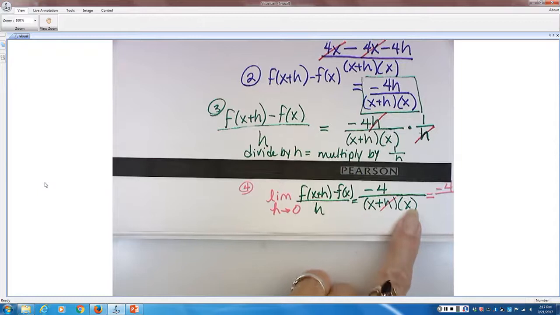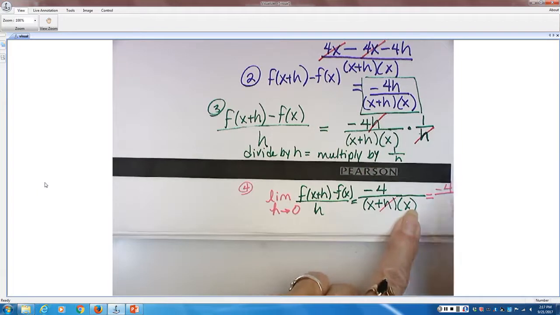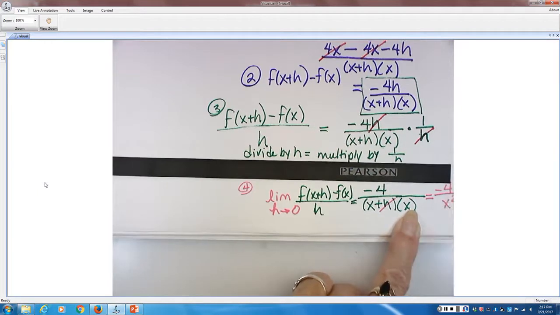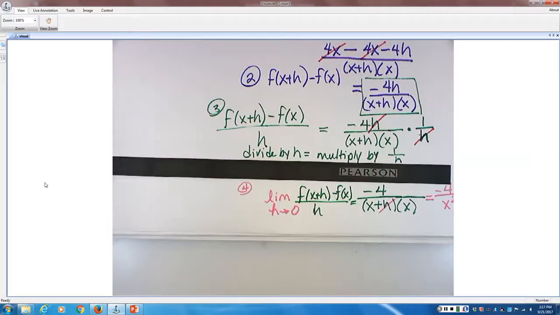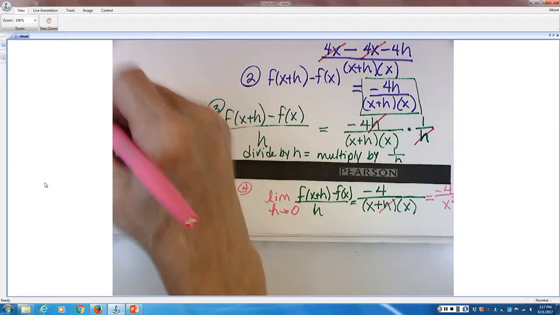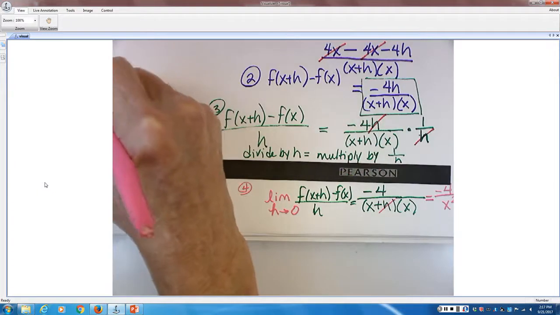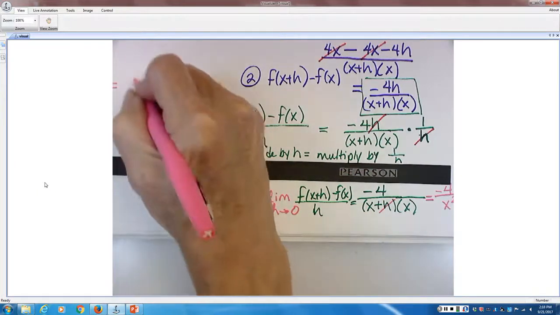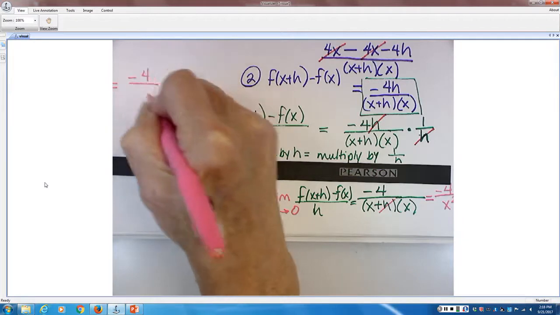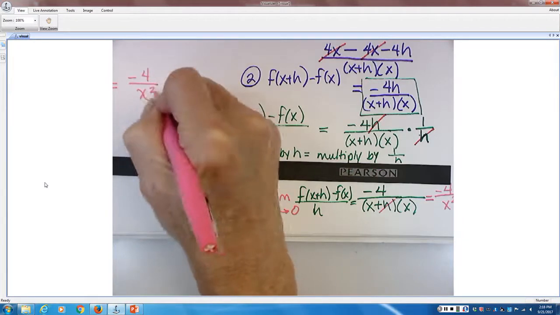What's x times x? Okay? All of that work, because we started with a fraction, to find f prime of x, and f prime of x turns out to be -4 over x squared.